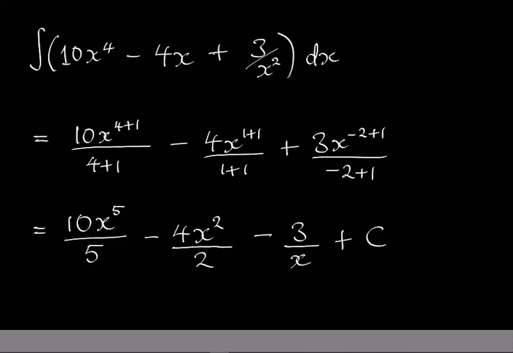Yes. So always remember to simplify your expressions. There we've got 2x to the power 5 minus 2x to the power 2 minus 3 over x plus c. And now this is our final solution.